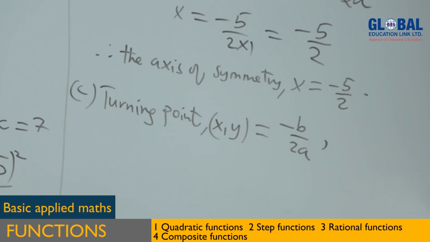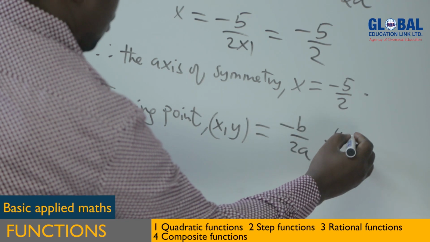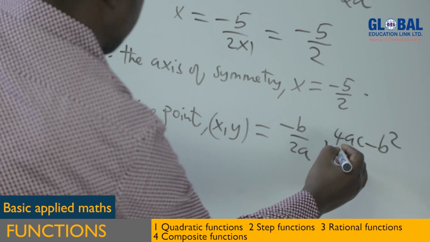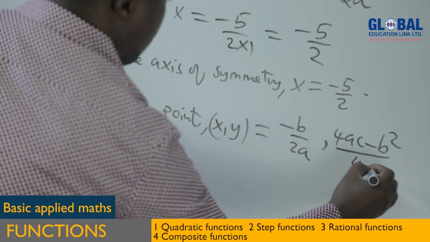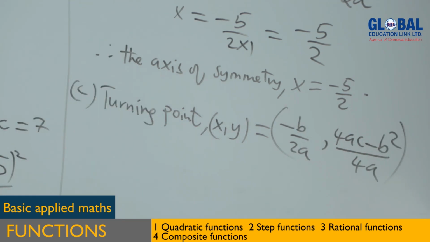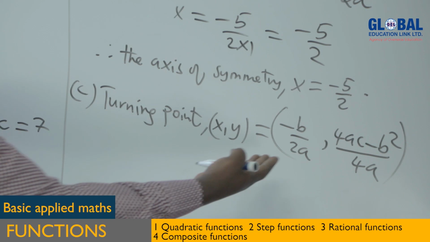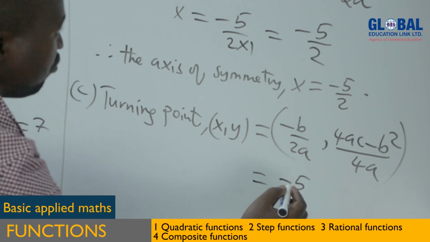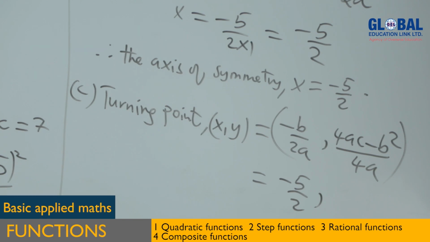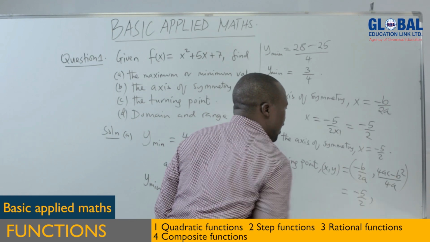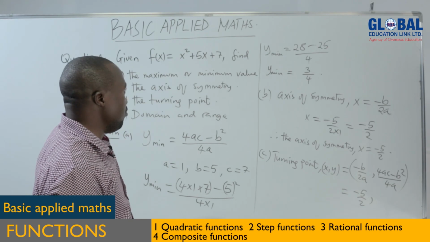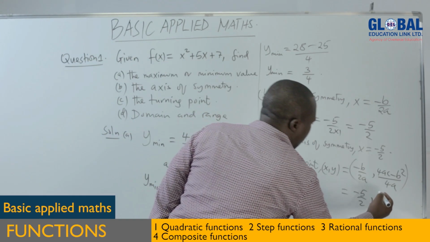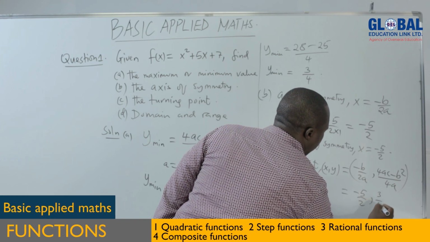For y, we are taking the formula for minimum, 4ac minus b squared over 4a. But remember, we already have this value, negative b over 2a, which is equal to negative 5 over 2. So negative 5 over 2, comma, then for the second value, that is y minimum, the value of y minimum is 3 over 4.